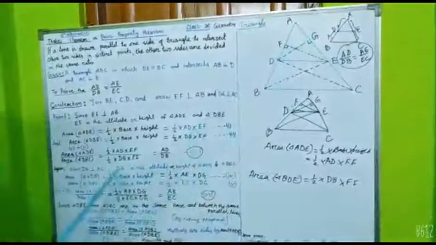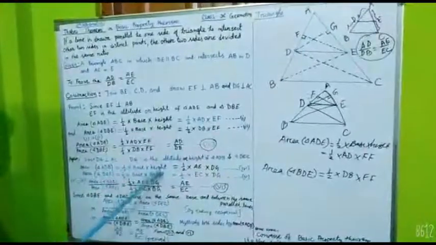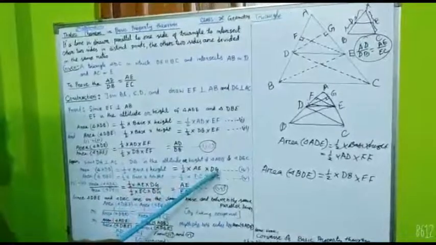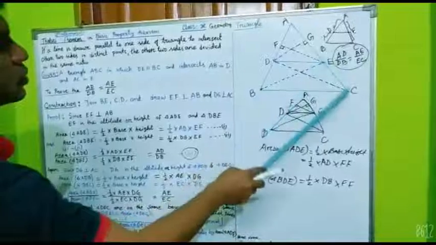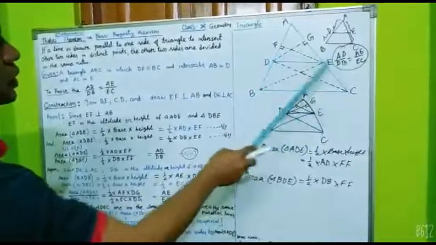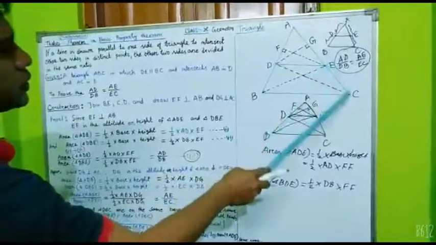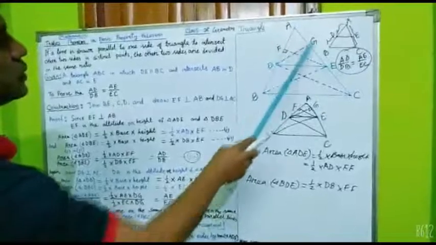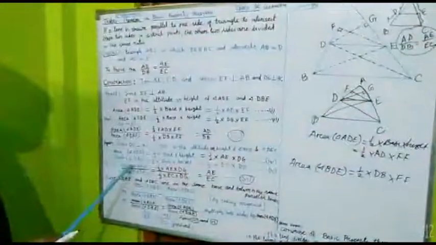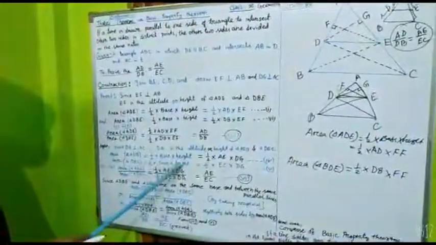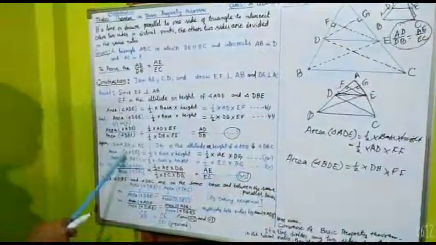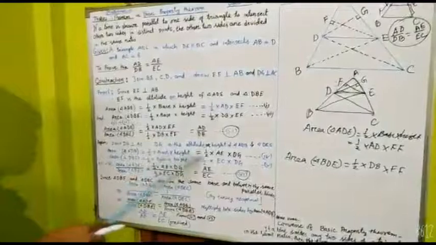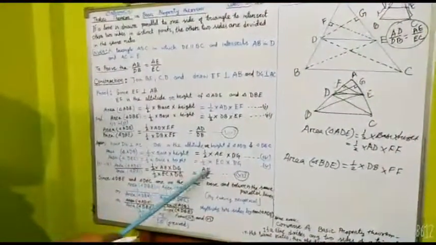Similarly, the area of triangle CDE, base is EC and height is DG, so the area of triangle DEC is half into EC into DG. The area of this triangle by the area of this triangle is equal to this part by this part. Half cancels, DG cancels, that is AE by EC.